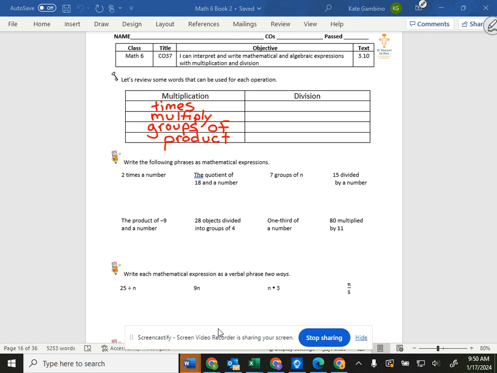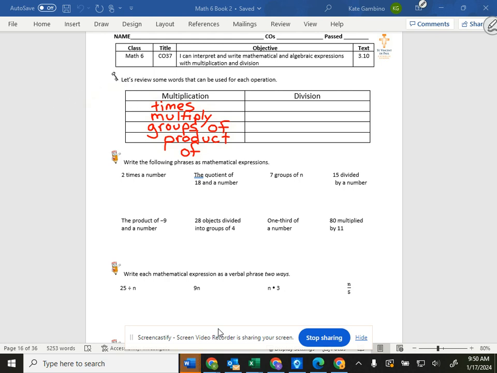Another word that we used when we were working on percentages, when we had 15% of 80, what word stood for multiplying? Lauren? Of. So when you see something like 15% of 80, that of, remember, means we are multiplying 15% and 80.